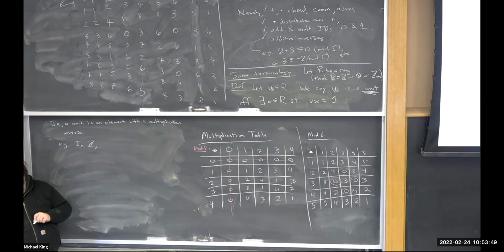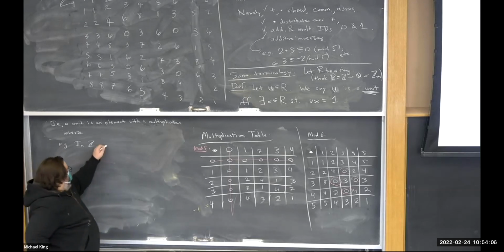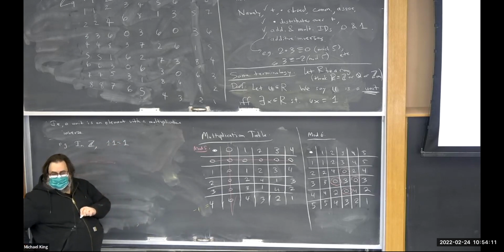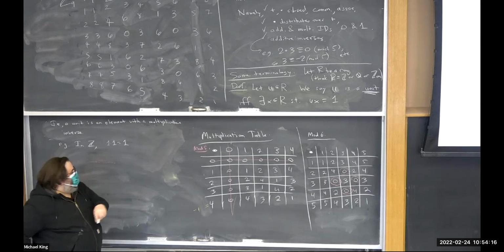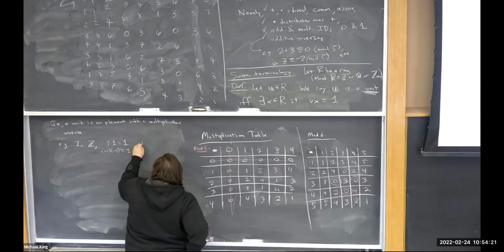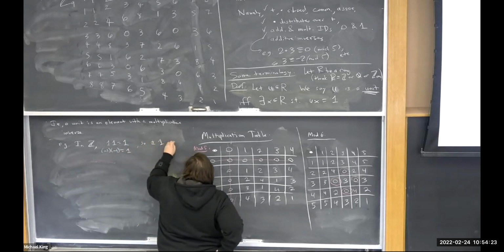Not 2, not 3, not 4, not 5, not 6. What integers do have multiplicative inverses? 1. 1 times 1 is 1. And what's the other one? -1. -1 times -1 is 1. So plus or minus 1 are units.